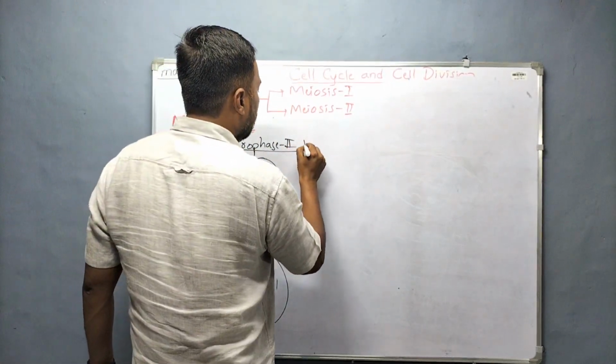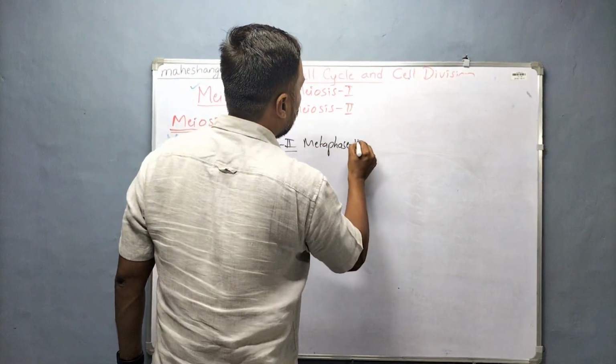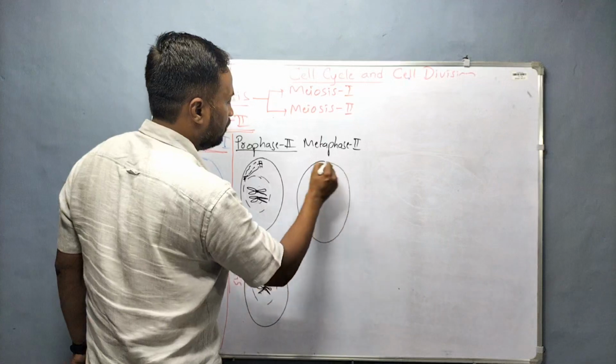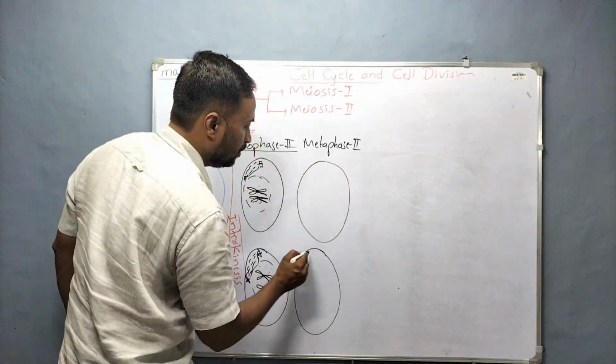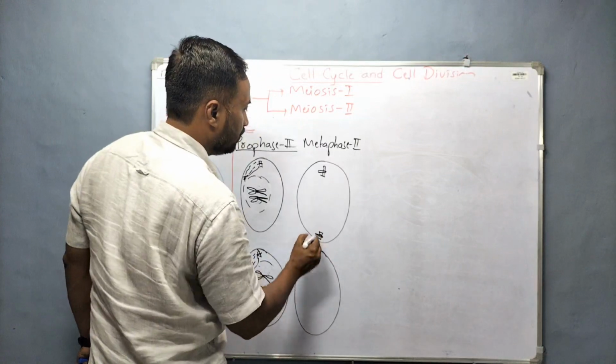Then in metaphase 2, let's see what happens. In metaphase 2, all the chromosomes come and lie on the central equatorial plate.